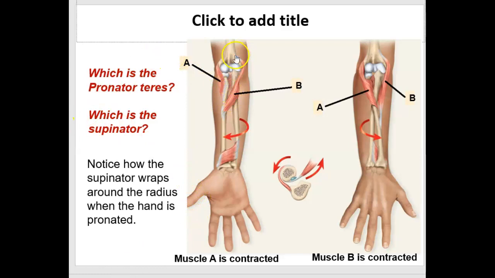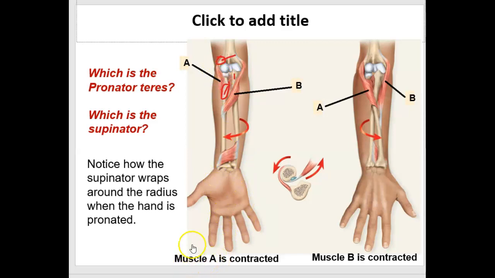So up here is the humerus, and this is the ulna, and this is the radius. So we have one muscle that has originated over here on the humerus and inserts on the radius. If this muscle contracts, which it is right now contracted, the hand is facing up.